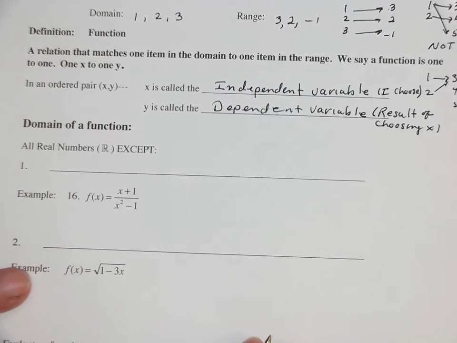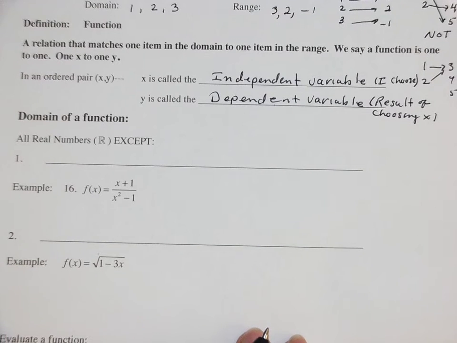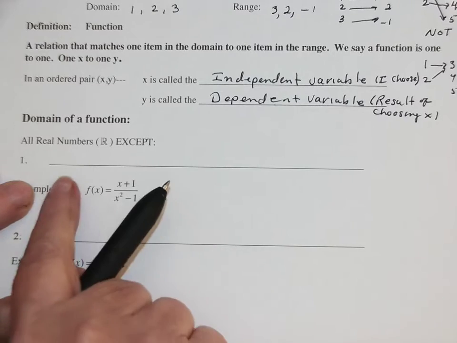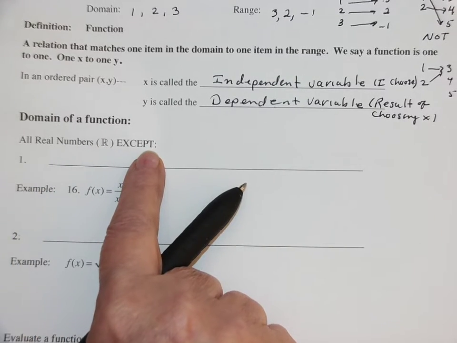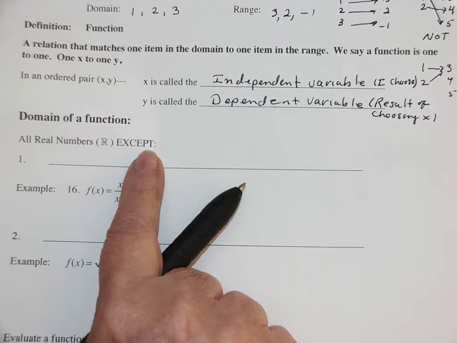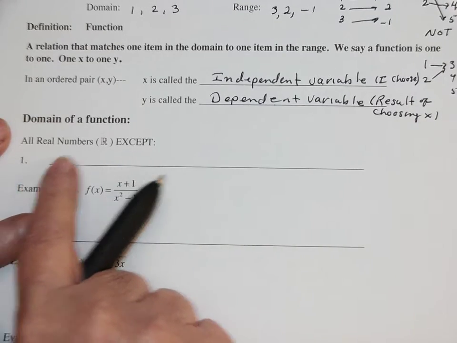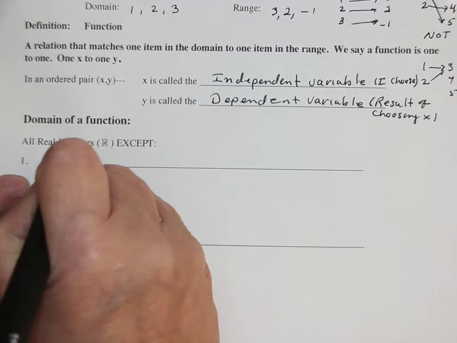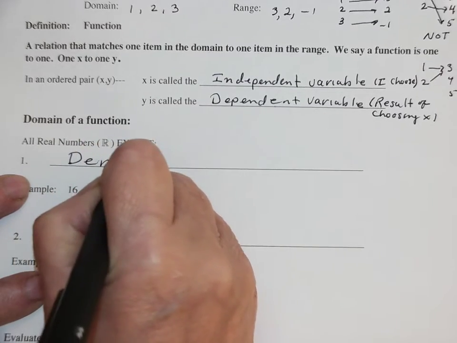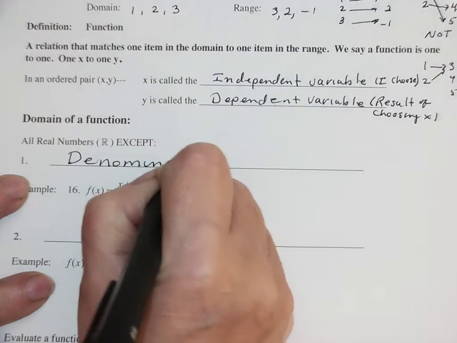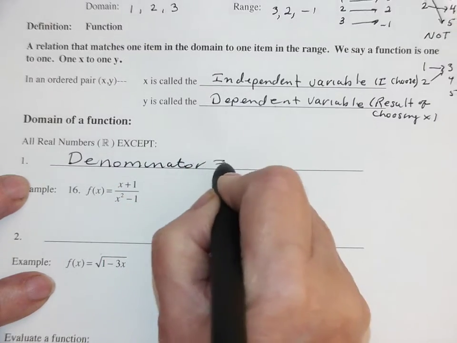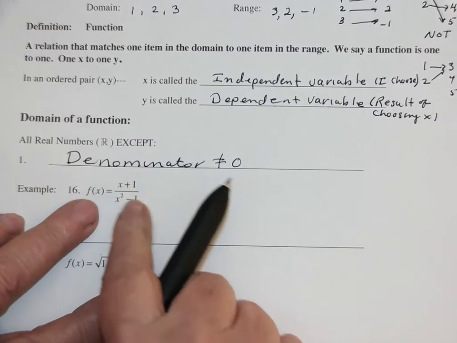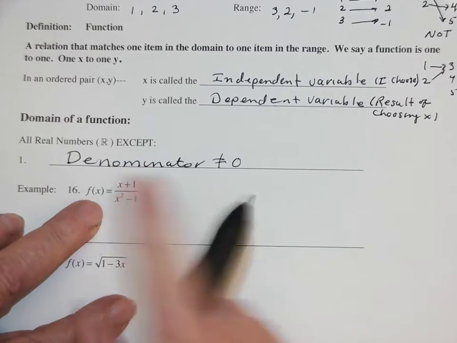Domain. Functions have a domain, and that's going to be extremely important to us as we move forward. The domain would be all real numbers, because that's all we're dealing with in this class, except for things that can happen. First of all, it can't have a denominator that equals 0. So in this case, this is a fraction. It's got x's in the denominator.